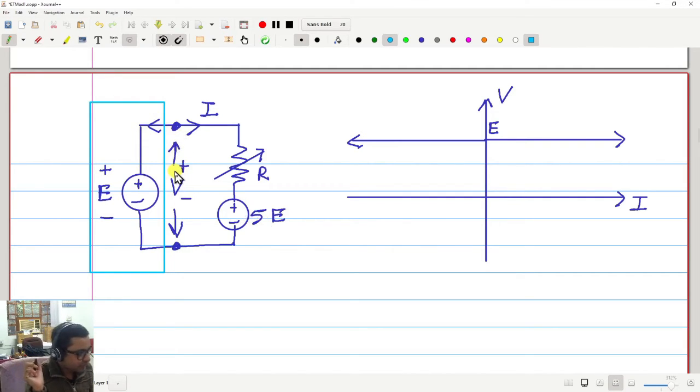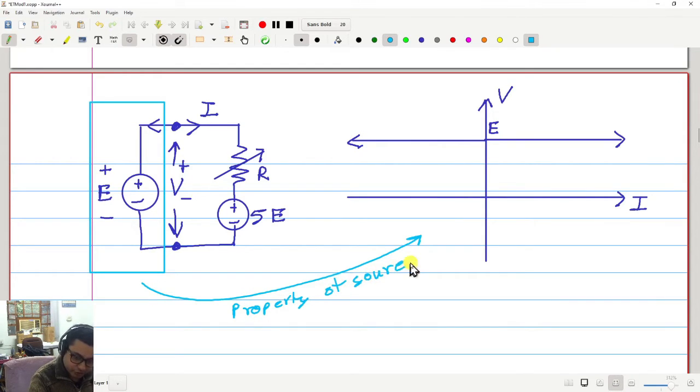Sir, in the second graph, the slope is always 0. Does this not signify the resistance, sir? Here this slope is always 0, and this graph is the property of this source, the voltage source in this case.